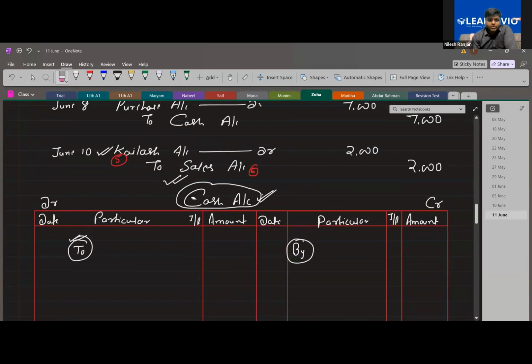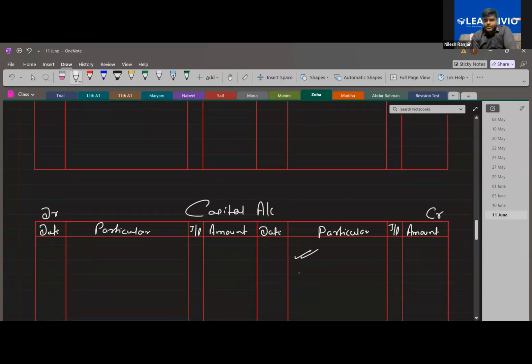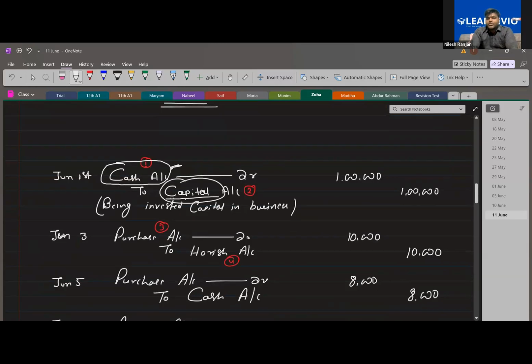So "to capital" will go in the cash account, and in capital account, it will be "by cash". Is this clear? Yeah, it's clear. Now, the next transaction you have to tell me. Purchase to Harish.